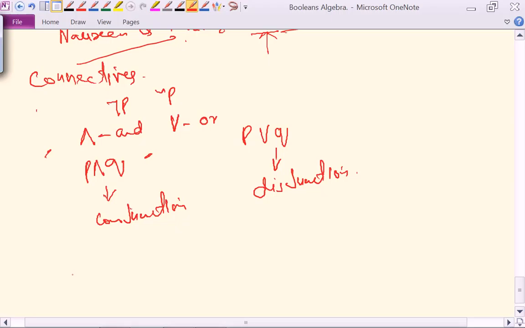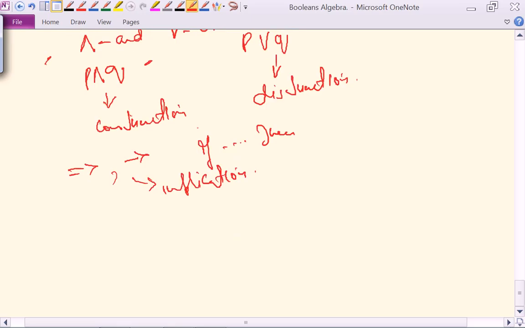And sometimes we have the implication or conditional, shown like this, or sometimes also with a single arrow. This is: if something, then something, which implies something. So this is called implication, or sometimes a conditional. What is called a conditional?